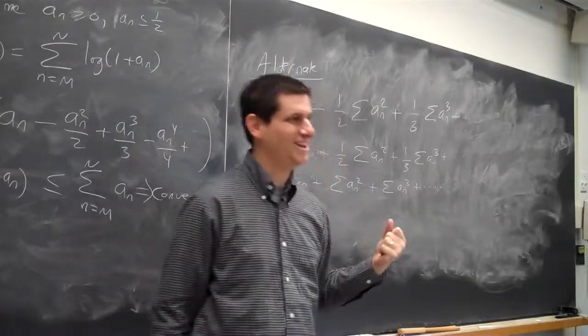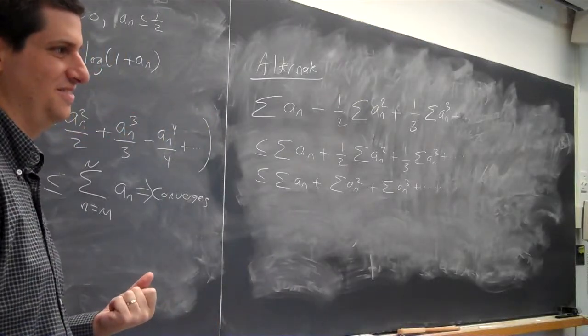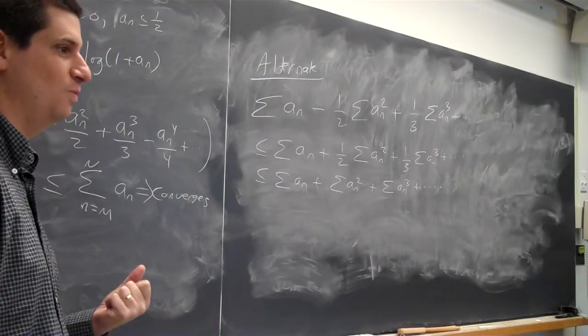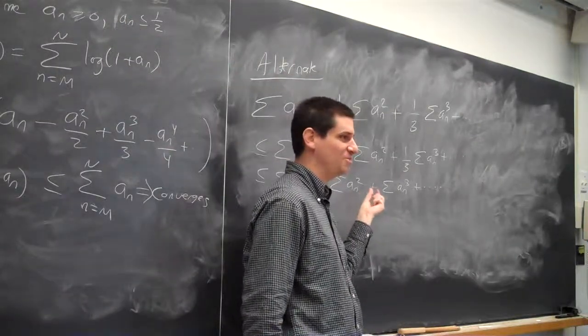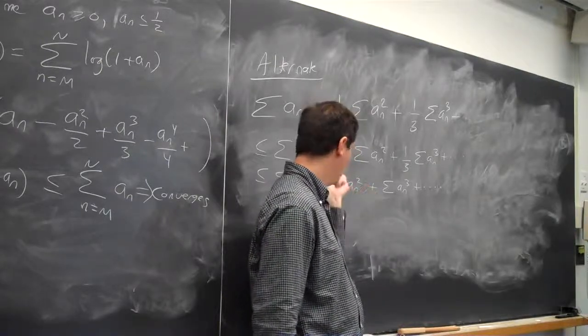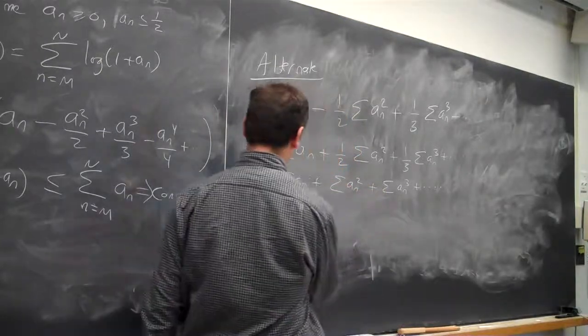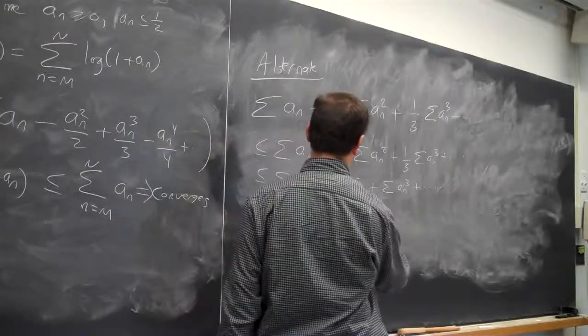It's smaller. Good. Can you quantify smaller? It's at most half. Each AN is at most 1/2. So this sum is at most 1/2 times the sum. So it's less than or equal to the sum of AN plus 1/2 the sum of AN.